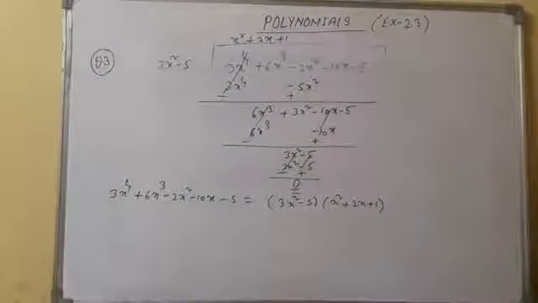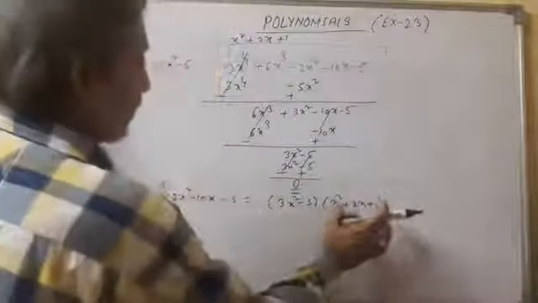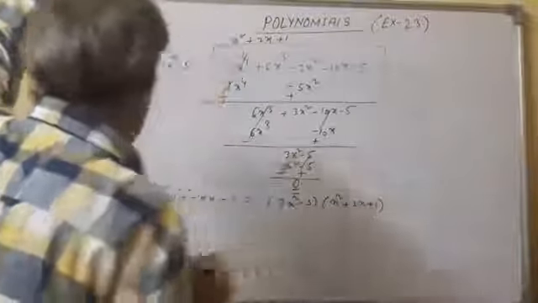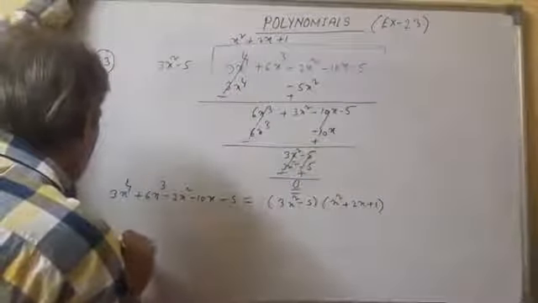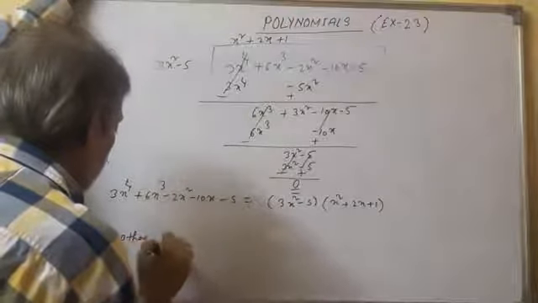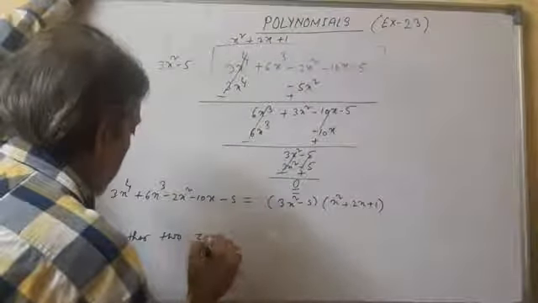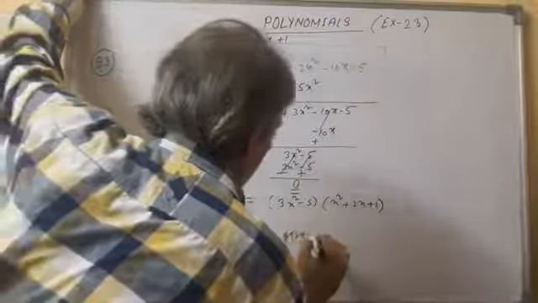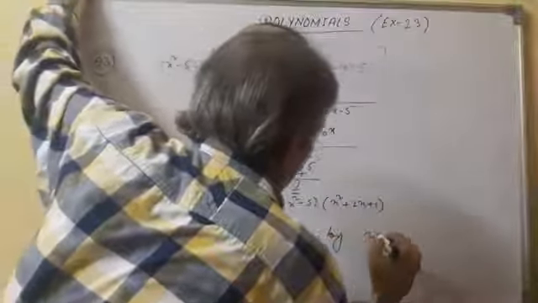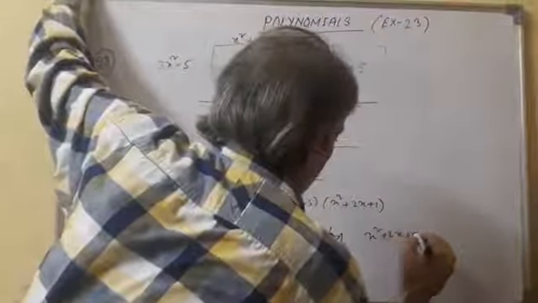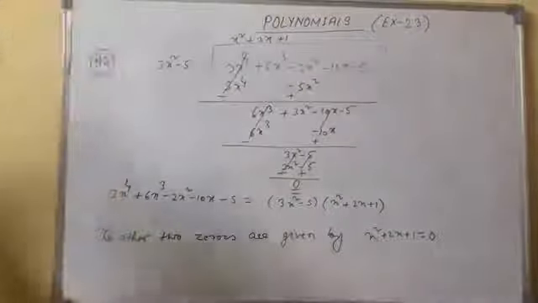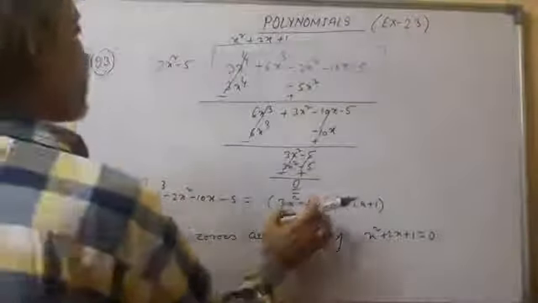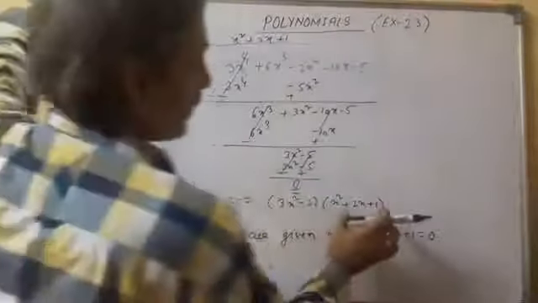Now 2 zeros were given, we need to find 2 more zeros. So just by factorizing this, because 2 zeros are contained in this factor, the other 2 are contained in this one, so just factorize this.